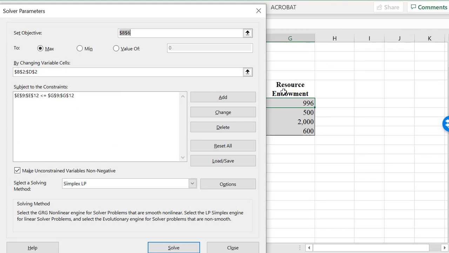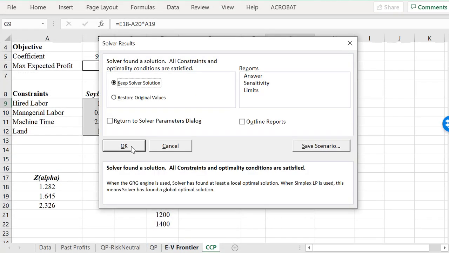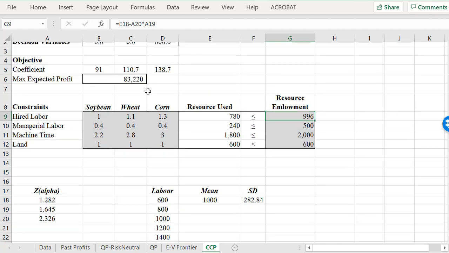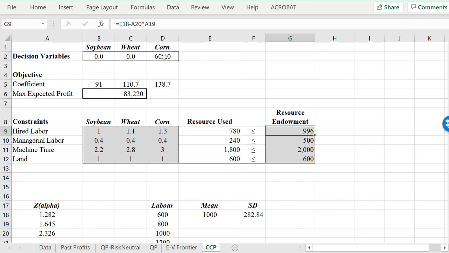In Solver, we again use simplex LP, because this is a linear programming problem. Then click solve, and okay, our problem gets solved. You can see the profit is different, and here we also have the decision variables.